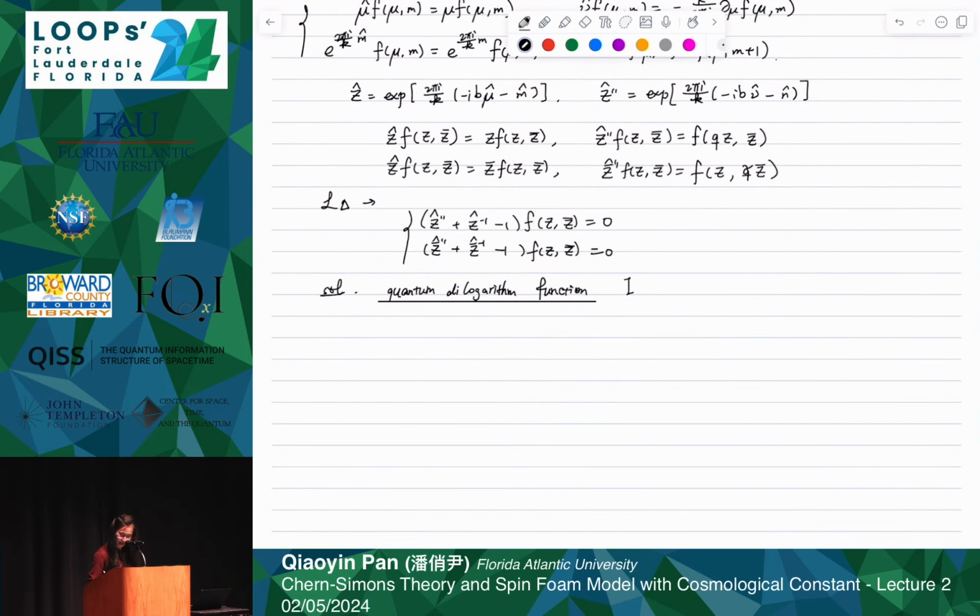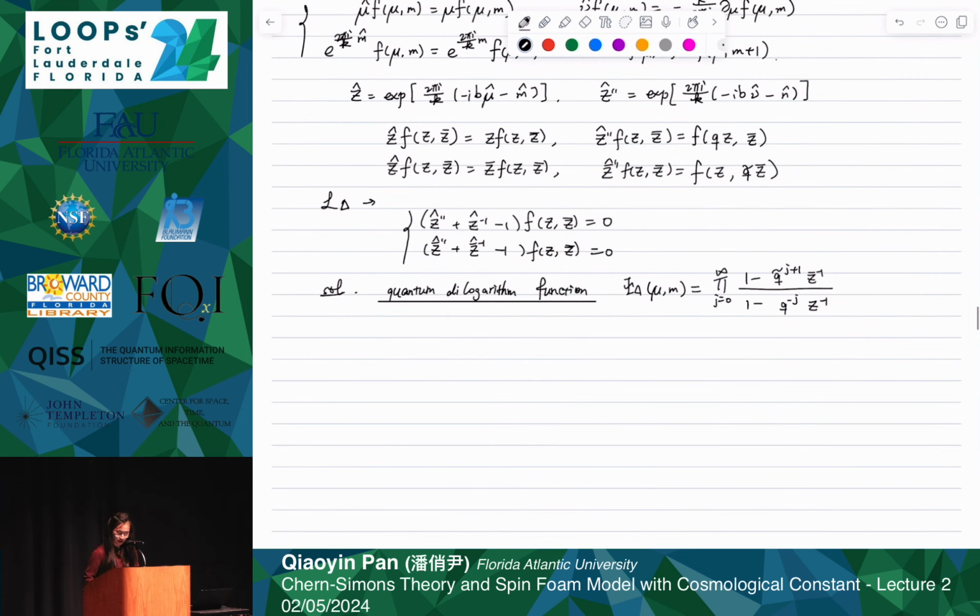So I denote it by psi triangle, which is a function of mu and m, as usual. And it includes an infinite product from j equals 0 to infinity, of 1 minus q tilde to the j plus 1 power, z bar inverse, over 1 minus q to the minus j, z inverse.